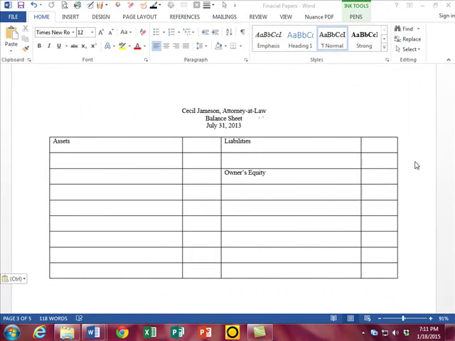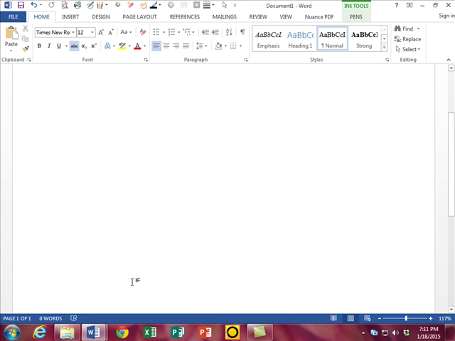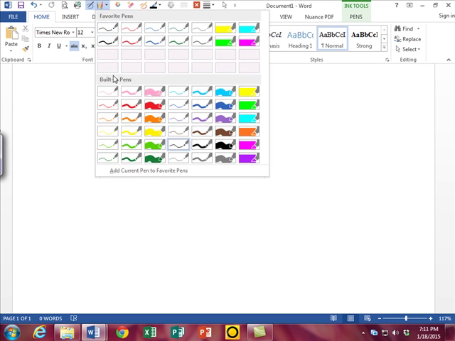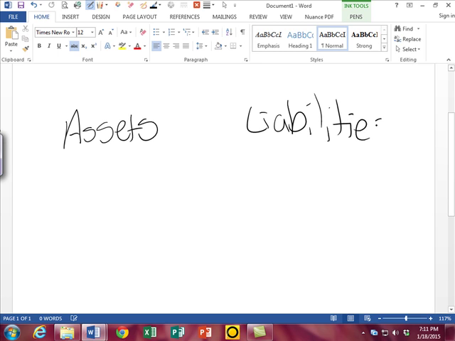So now that we've created the statement of owner's equity, the next financial statement we need to create is the balance sheet. The balance sheet will seem a little familiar to you because it goes along with the accounting equation. So for the balance sheet, what we need to collect is the information that relates to assets, liabilities, and owner's equity.